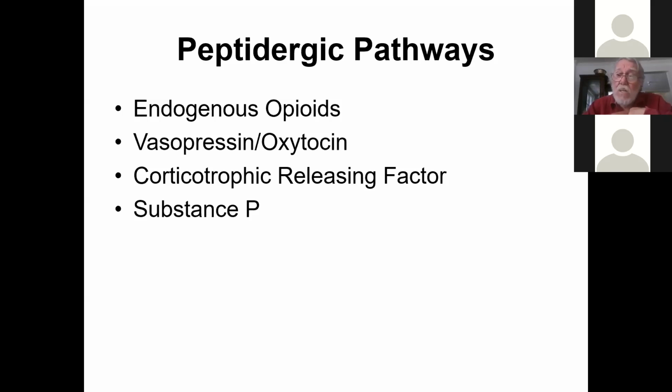And all of a sudden, the doors flew open, because very quickly thereafter, people took other, what they considered active peptides, and found receptors in the brain for those things. And we then developed an enormous panoply of neurochemical tools that act on receptors that basically control synaptic activity. So we blew the doors off.